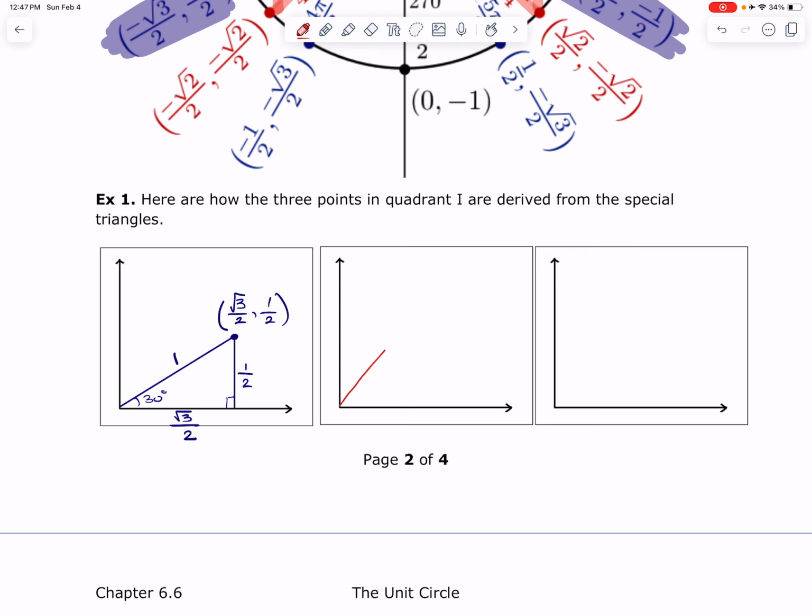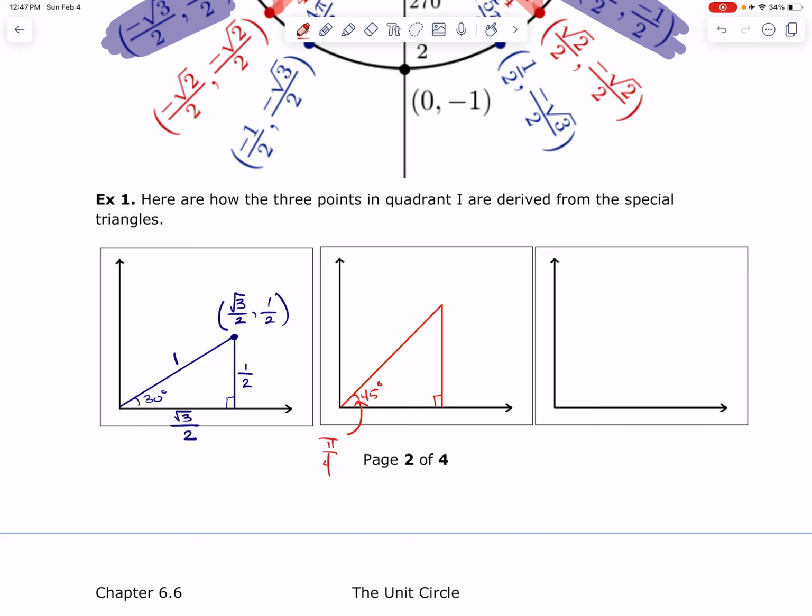For our 45, 45, 90, yeah, it doesn't look so 45, 45, 90. Yeah, a little better. This is my 45-degree angle, also pi over 4.